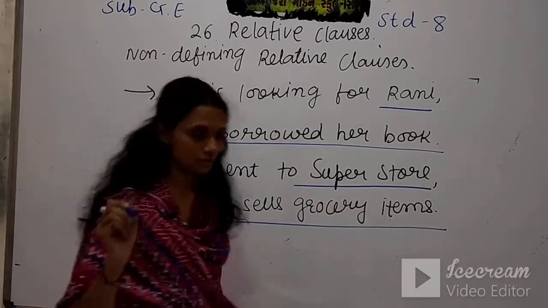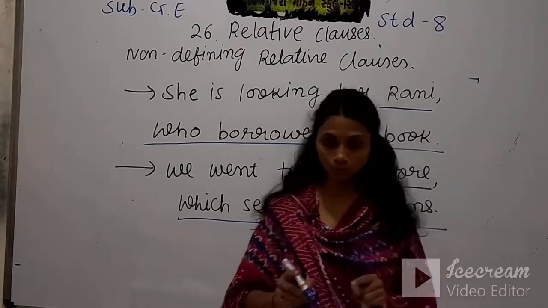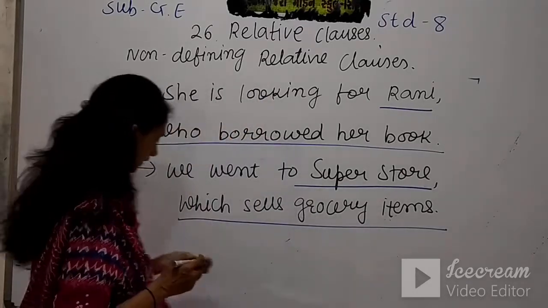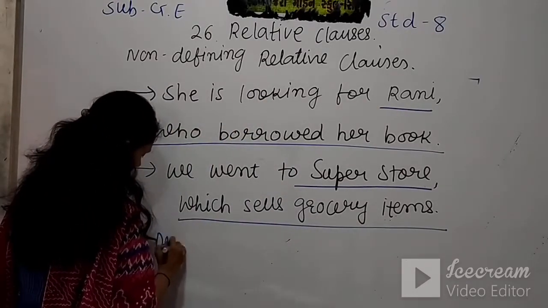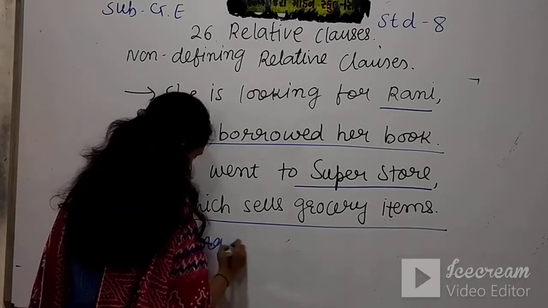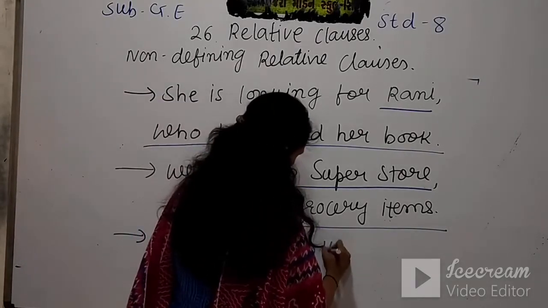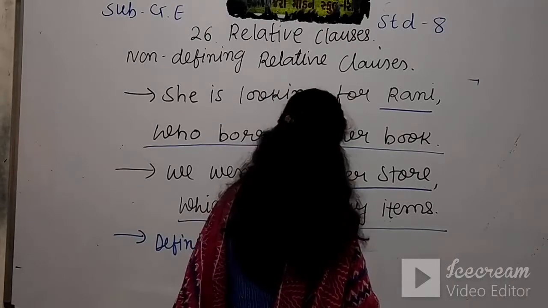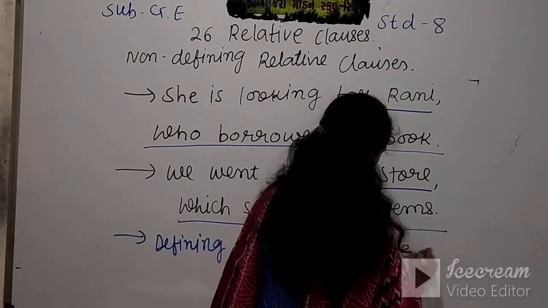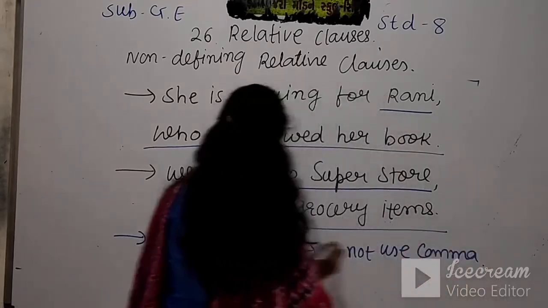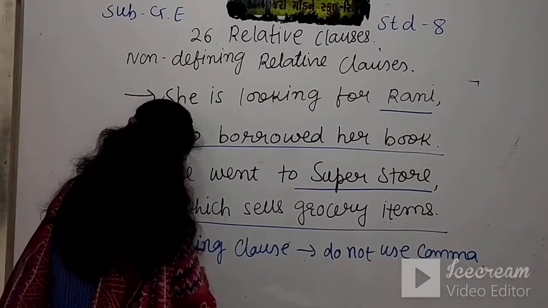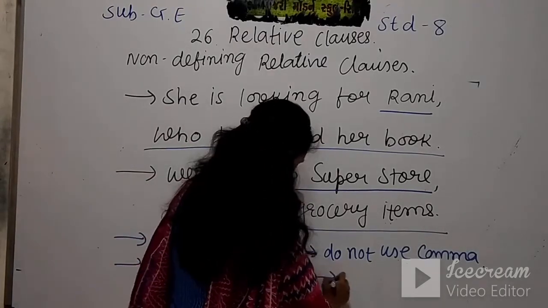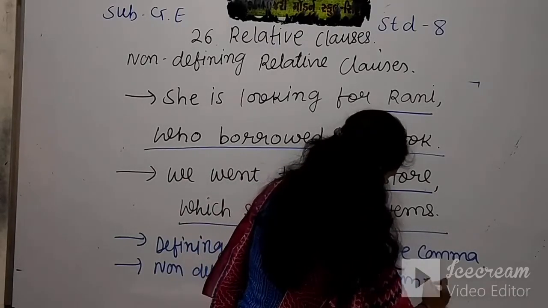Then what is the difference? In a non-defining relative clause you use a comma, as we have used here, and in a defining relative clause there is no use of a comma. A defining clause does not use a comma, and a non-defining clause uses a comma.